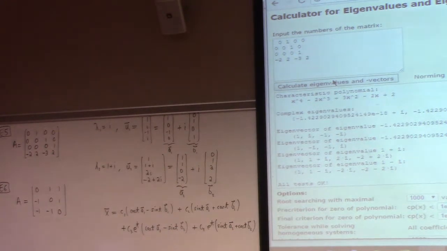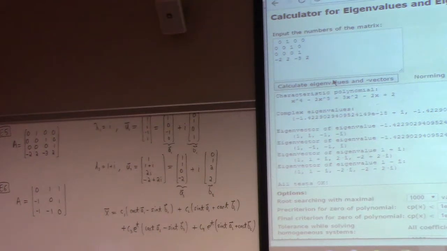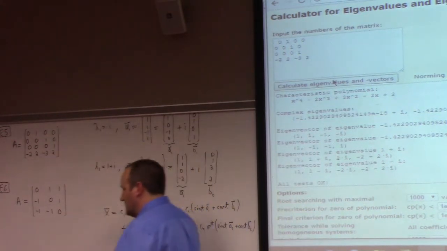Now, I should introduce something. We can write down something called the fundamental solution matrix for any of the systems we've looked at so far.